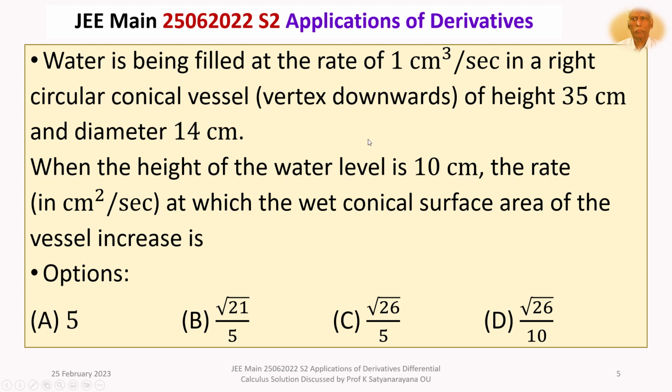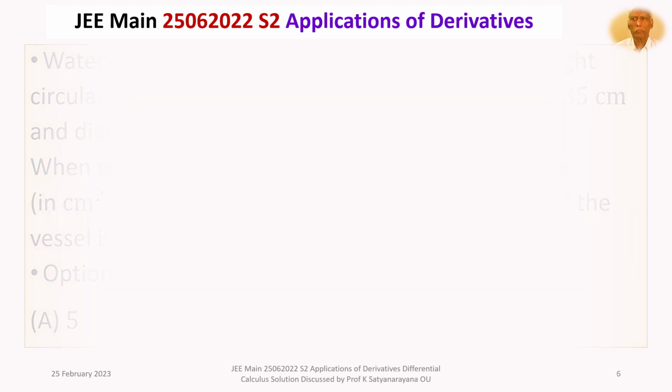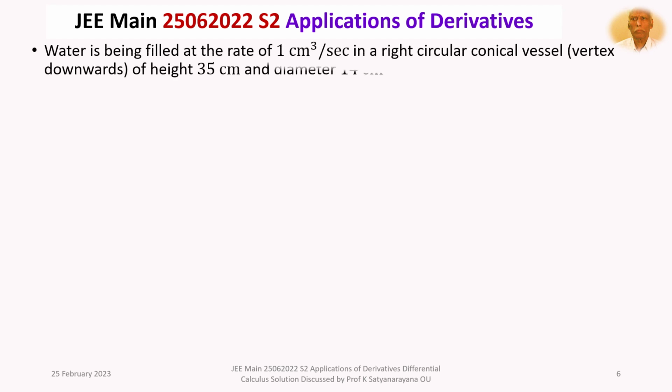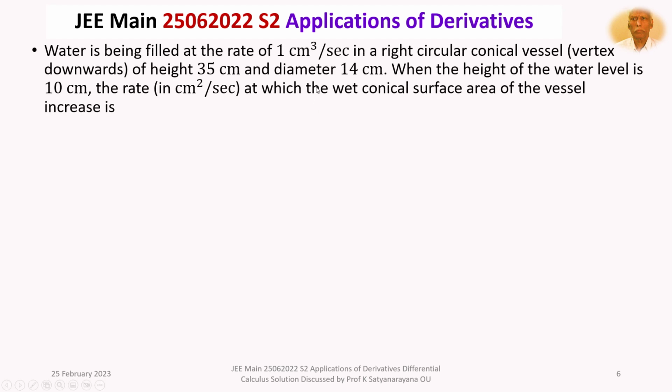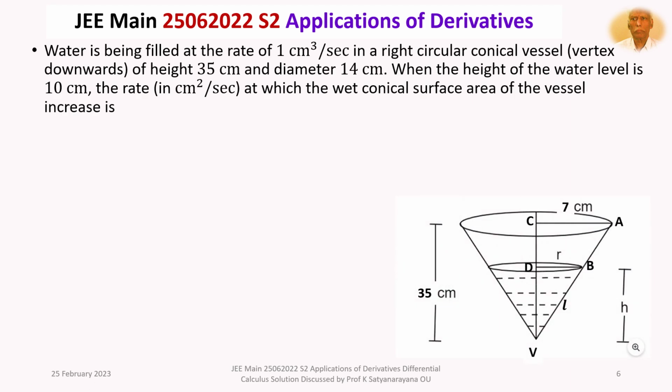Now, when the height of the water level is 10 centimeters, the rate at which the wet conical surface area of the vessel increases is to be computed. That's our given question. We now discuss the solution of the problem in detail.